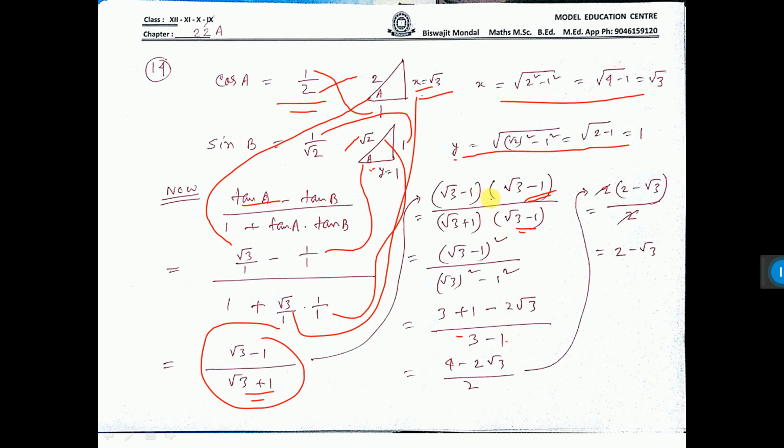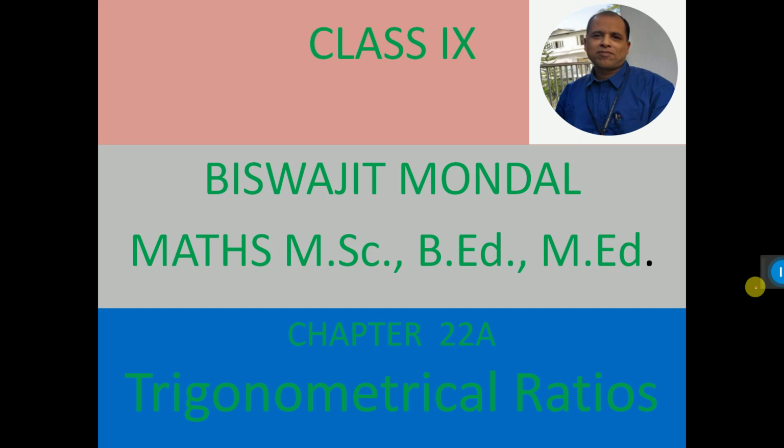And the numerator is a minus b whole square, that is root 3 minus 1 whole square. That is root 3 square means 3 plus 1 square means 1 minus 2 into root 3 into 1. Now 3 minus 1 is 2, 3 plus 1 is 4, you take 2 common, 2 cancels, that is the answer. That's all for this video.